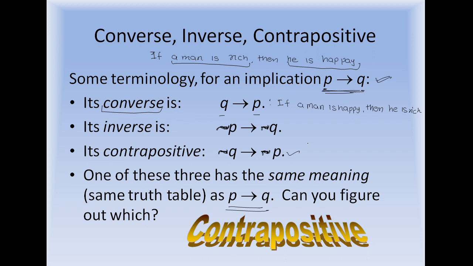If you want to write the inverse, then what is the inverse of the statement is going to be? Inverse of the statement is, if a man is not rich, then he is not happy.